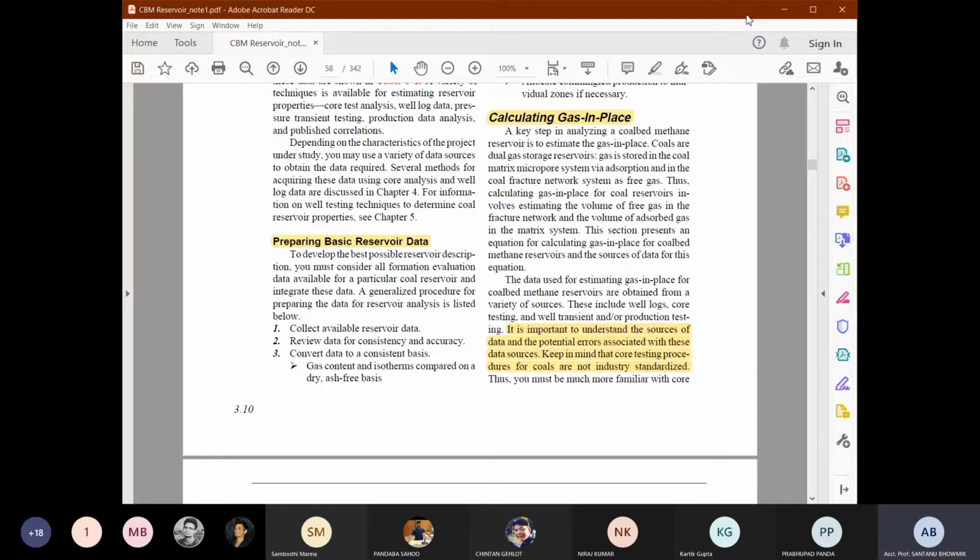Okay, now there is another problem for this gas in place calculation. Even if you have some data, you know that the CBM reservoir may be a very huge area, because it is going to work at a depth of maybe 2 kilometers or some higher depth also.